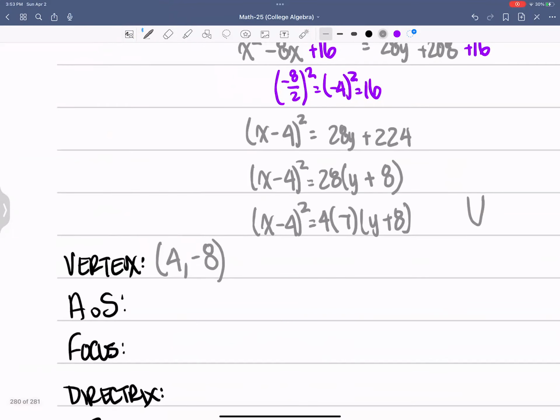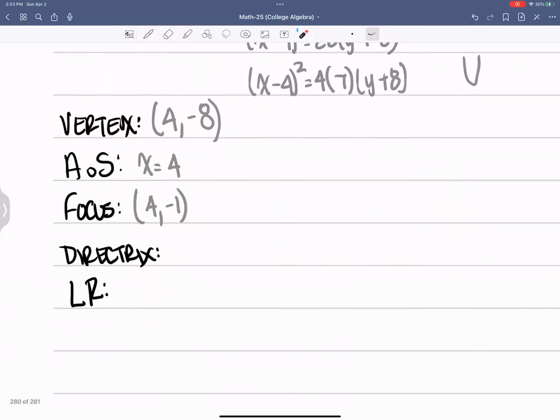Upward facing parabola tells us that we have the axis of symmetry coming right through our vertex, the x component of our vertex. So we have x equals 4.